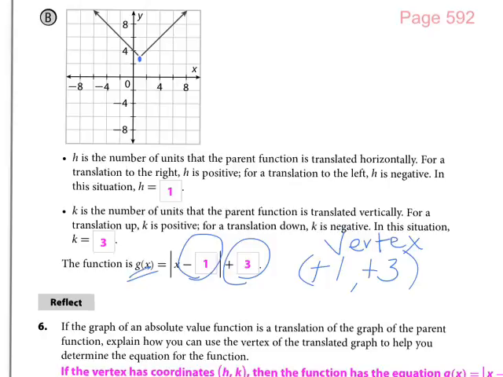So now that I plotted that point, I'm going to look at the number that is right between the equal sign and that absolute value. So I'm going to rewrite the equation up above. So you can see that I have g of x is equal to 1, the number 1, absolute value of x minus 1, plus 3.